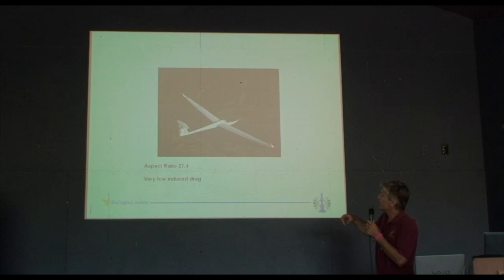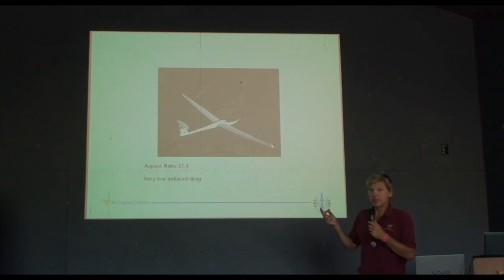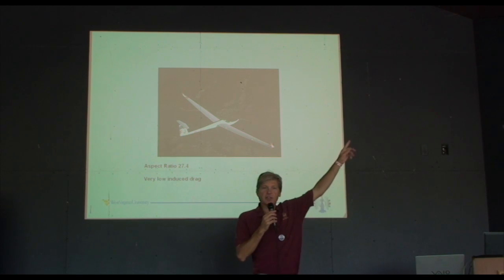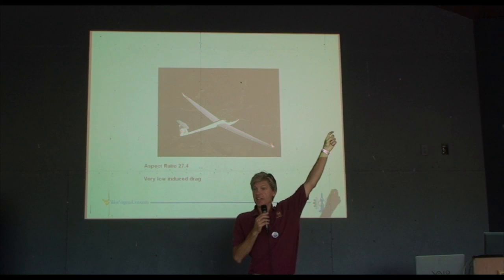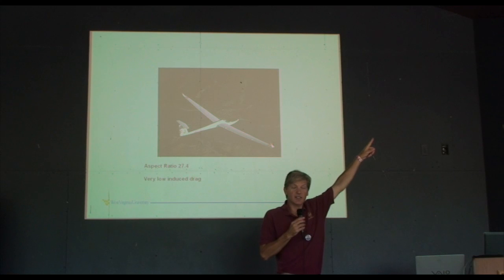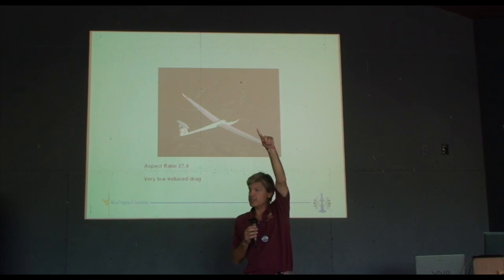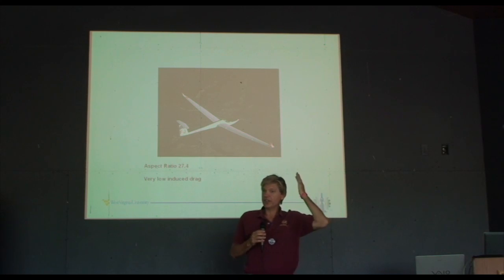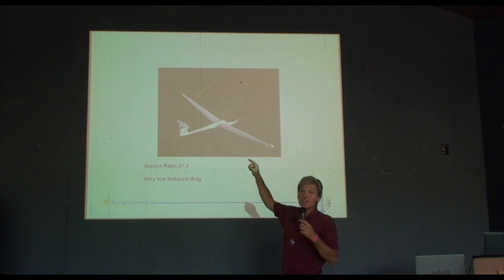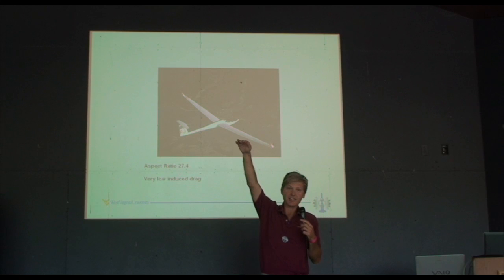And then for the glider, you have to cruise at L over D max, even if it's really, really slow. Gliders near Penn State, where I got my first degree, actually glide from Penn State to somewhere down in Tennessee along the ridge. The way they do that is they go up in these really efficient gliders and they glide at their L over D max.